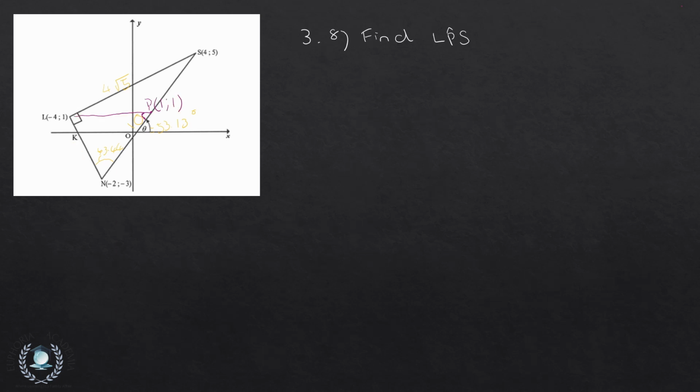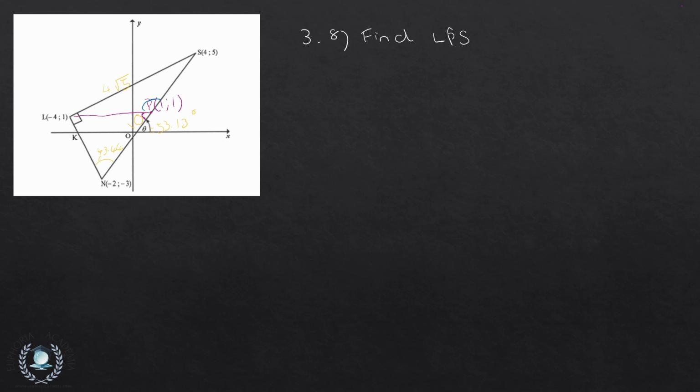Now we're asked to find what LPS is, and LPS is this angle here. I'm just going to highlight it. I already drew the line LP to make things easier.